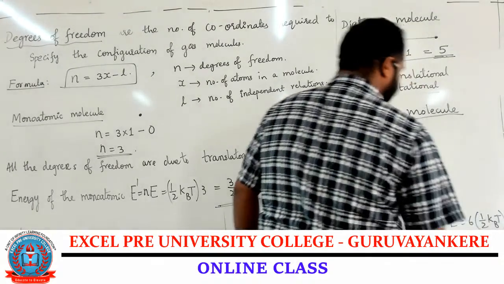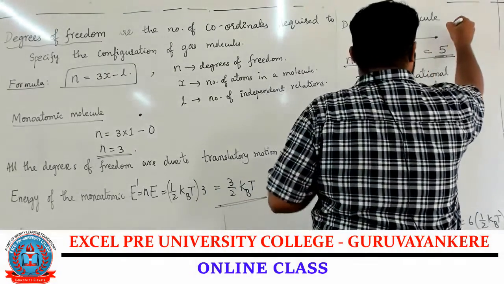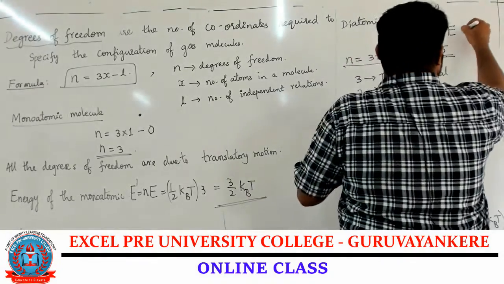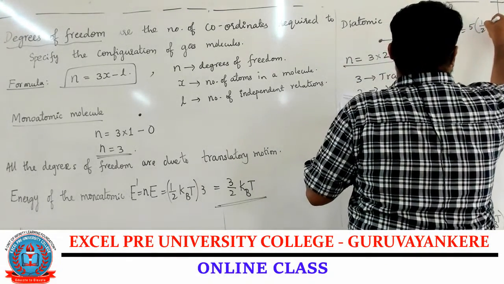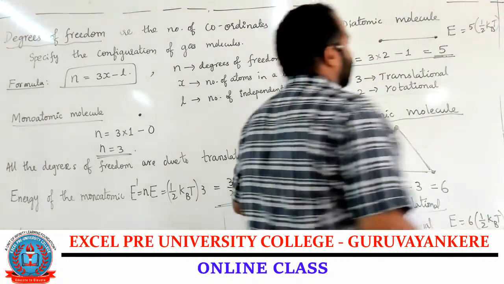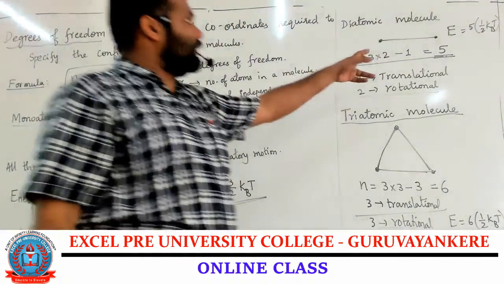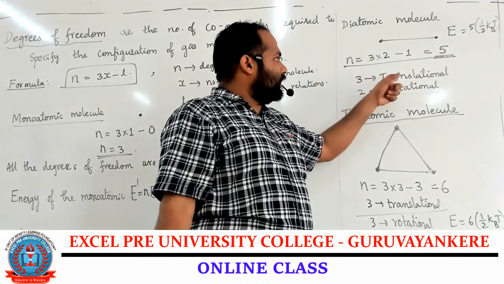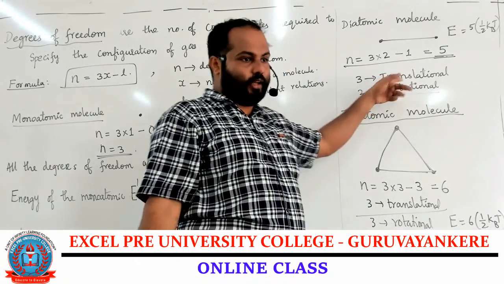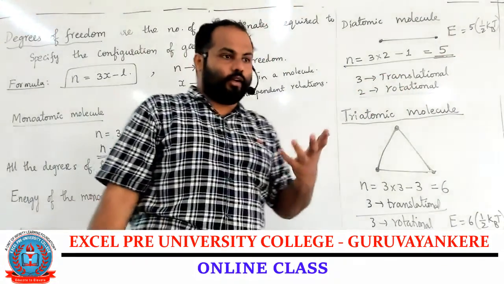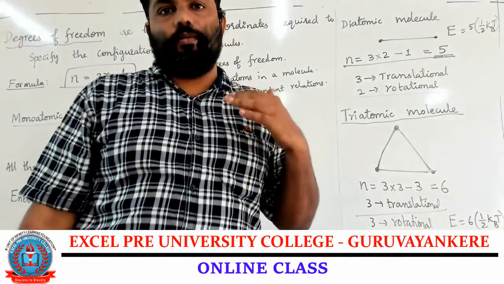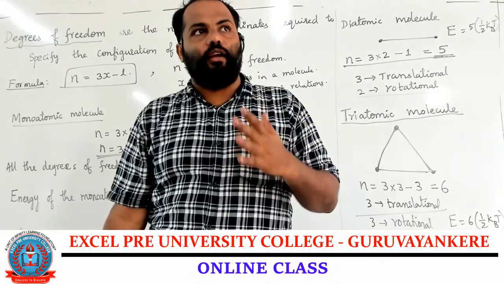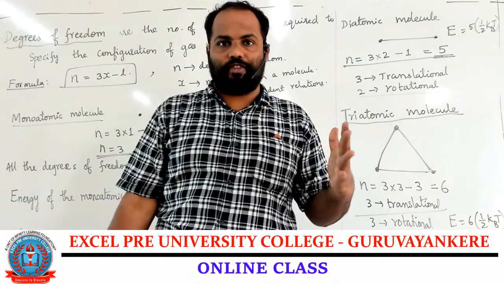For the diatomic molecule, the total energy will be 5 into half kBT. It depends on the degrees of freedom. So it has 3 translational degrees of freedom, for which we have seen that in every direction the energy will be half kBT by the law of equipartition of energy.